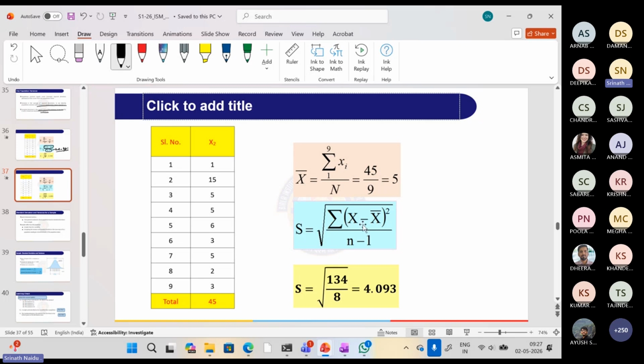If we were working with the population, then x bar would be mu instead, so it'll be sigma x minus mu the whole square divided by n. Since we are working with a sample, it's sigma x minus x bar the whole square divided by n minus 1.